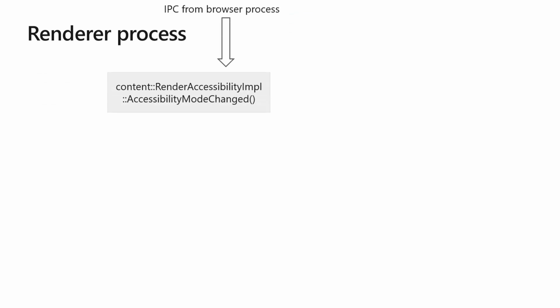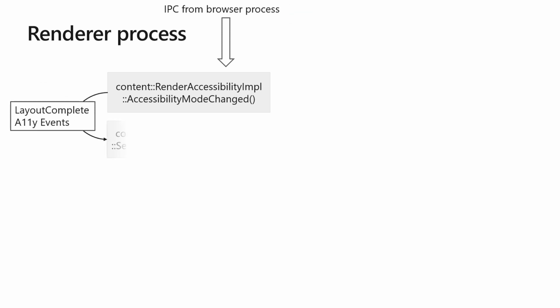So next I want to talk about what happens when we start to wake up that logic. Once the assistive technology has indicated that it's interested in information in the web page, we'll start by sending an IPC message across, which will set one of a series of flags in the renderer process to indicate that we started requesting accessibility information.